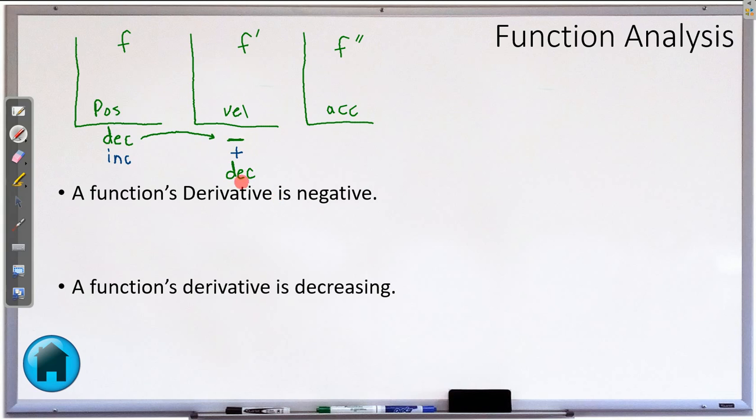So if I tell you the function's derivative is decreasing, that means to the right must be negative as well. So if a function's derivative is decreasing, that means the second derivative is negative.